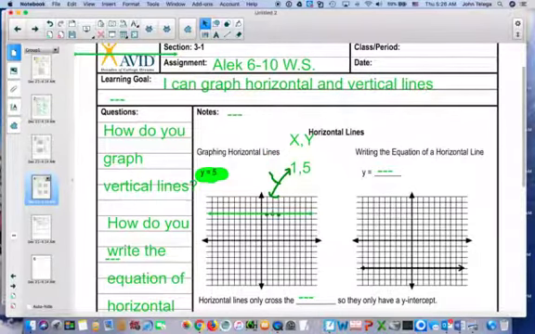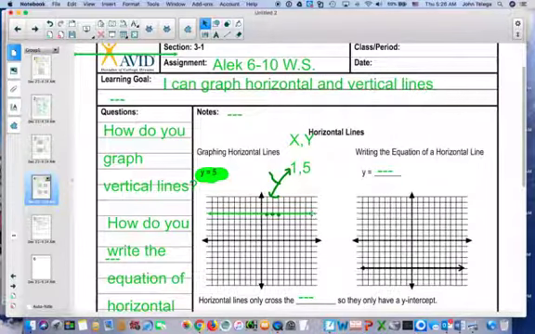Every one of these points, the y is 5, y is 5, y is 5, y is 5, because they're all running along this one. x is -1, 5, -2, 5, -3, 5, -4, 5, -5, 5, 1, 5, 2, 5, 3, 5, 4, 5, 5, 5.